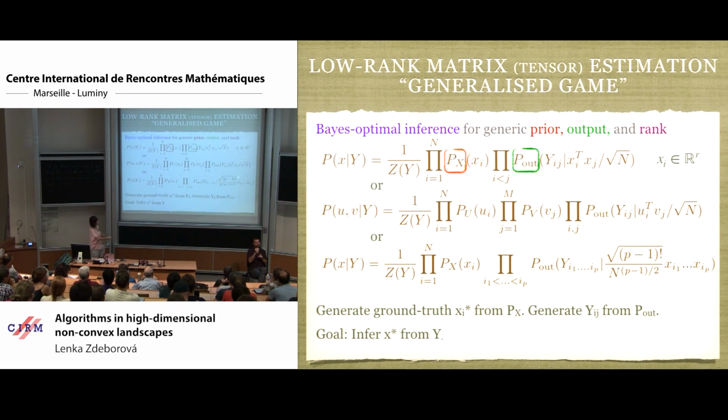And this case corresponds when I measure the p-tuples instead of pairs, and that leads to the tensor case. And in statistics, people call these kind of problems the low-rank matrix estimation problems. So that's like a generalization of our game. And the goal is still the same. We observe the y, and we want to infer back the x, or in this case, the u and v.